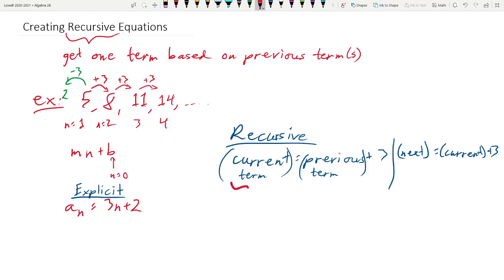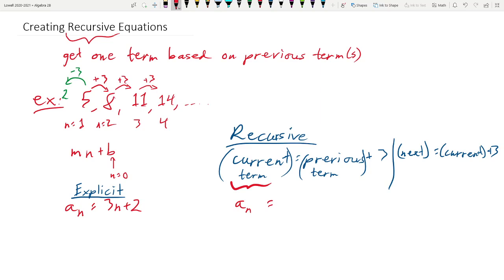Anyway, so how would I use this notation then? Well, the current term, usually for me anyway, I call the current term a sub n. It doesn't actually matter which one you call it, just as long as the relationship between it and the other one makes sense. So here's what I mean. The previous term is the term that comes before the nth term.